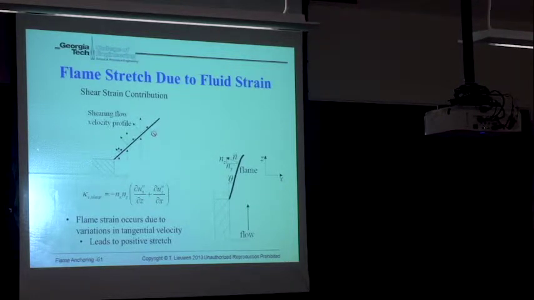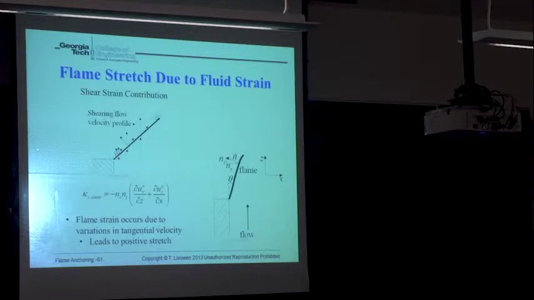Does everybody follow? And remember, what is flame stretch? Ultimately, flame stretch is the change in tangential velocity along the flame, right? So if I take this velocity vector, I'm going to decompose it into a normal and tangential component. Normal and tangential, normal and tangential. So what's happening to the tangential velocity field?